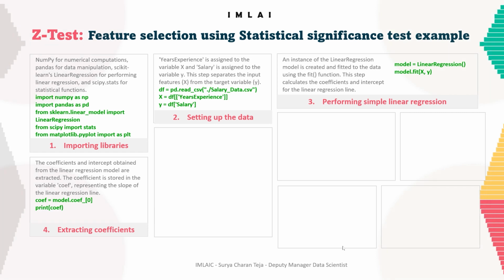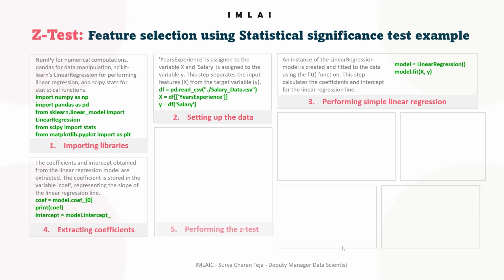The coefficient is stored in the variable coefficient, as we have discussed earlier, representing the slope of the linear regression equation. Now step 5, performing the z-test. What we understood is there is a nice relation, and we got an equation of a linear equation, but we just want to make sure whether the relationship between the feature and the target is statistically significant or not.